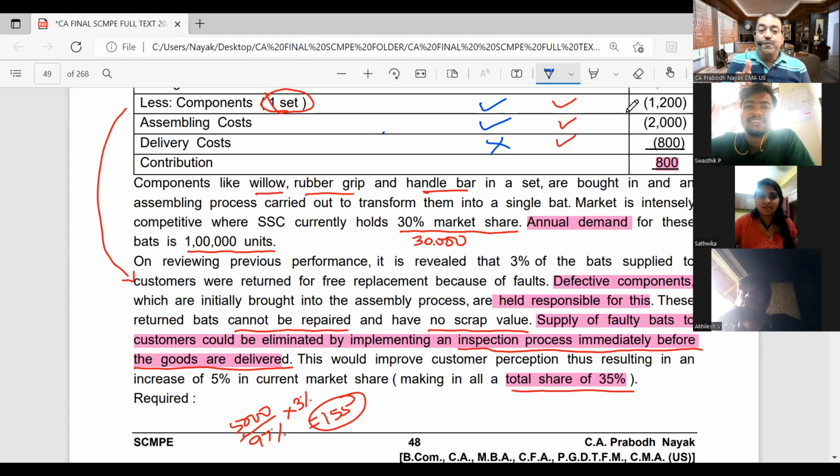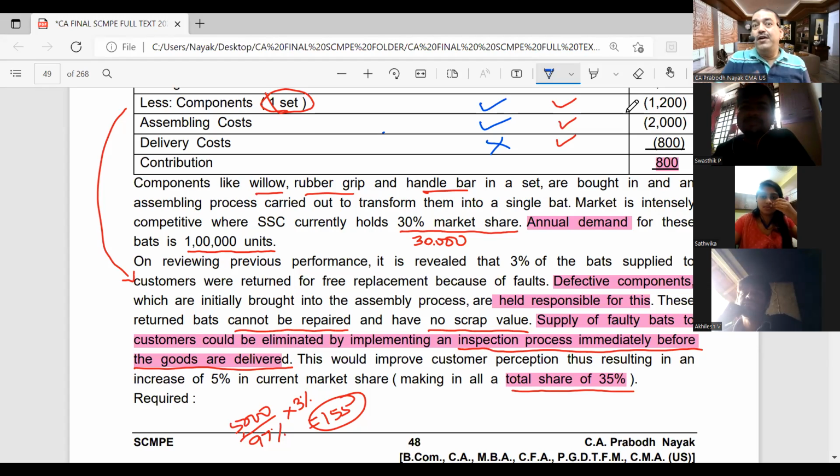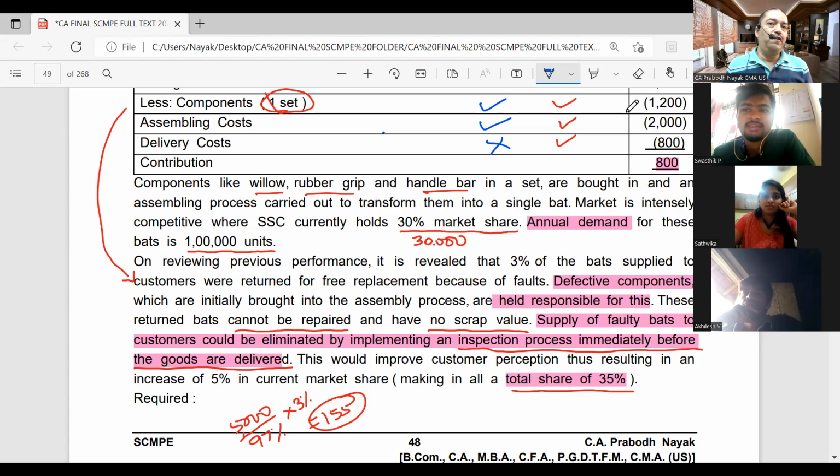Yes, sir. 800 rupees is the delivery cost. I'm not delivering the bags because I'm finding the defectives before they are delivered. They are manufactured, they are defectives, and I have to remanufacture. But I don't need to deliver and return those defective bags. There will be no delivery and return, so that cost is saved.